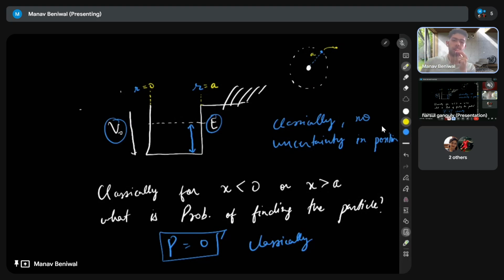What you will find is that this small a is the Bohr radius, the most probable distance of this electron in the ground state. So it is not given in the problem, you are correct, but in the first two parts you have to find out what this a is, and you will see that it is nothing but the Bohr radius, which is the radius of the first orbital.